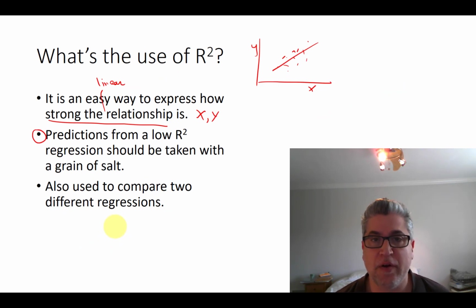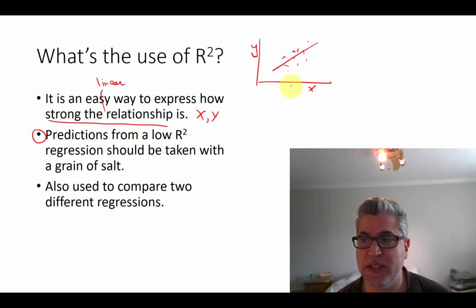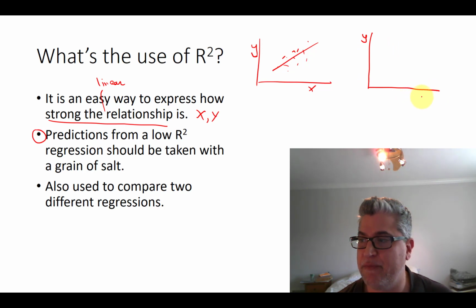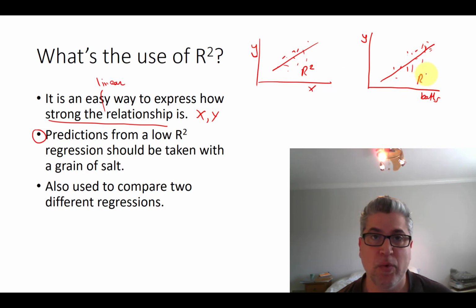Finally, R squared is often used to compare 2 different regression models. Now this is a little bit more controversial, but let's say that you wanted to predict price and you had square footage, that's an X variable, but you also had a different variable, let's say the number of baths. And so you have a scatter here too. You could compare the R squared from this model with the R squared from that second model.